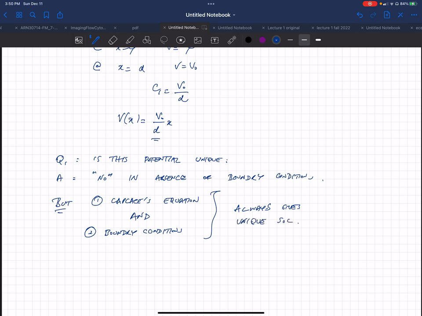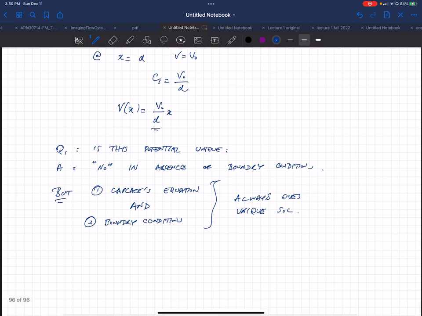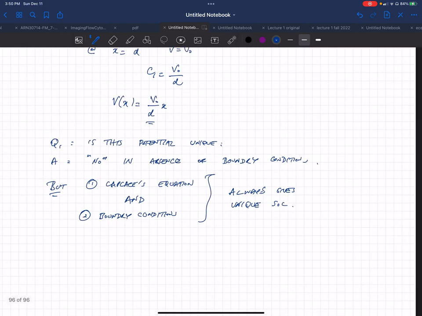So we have to make sure that we solve both Laplace's equation and the boundary conditions, and come up with the unique solution. So that's question one.